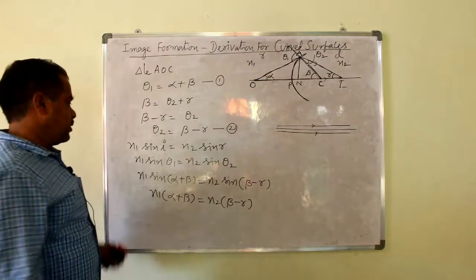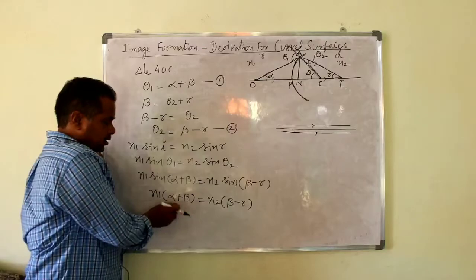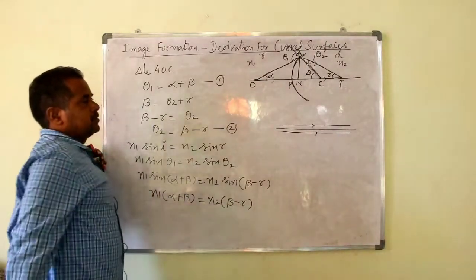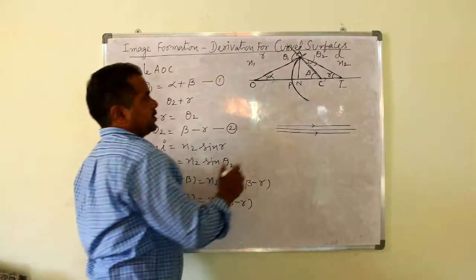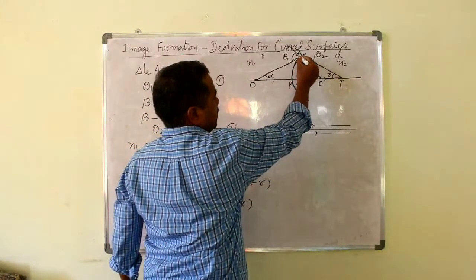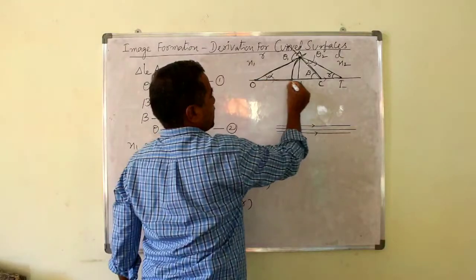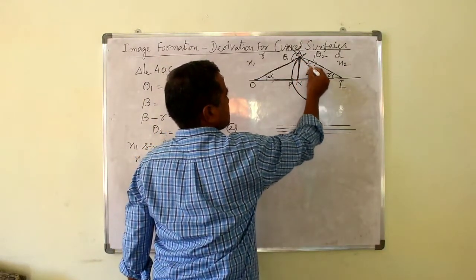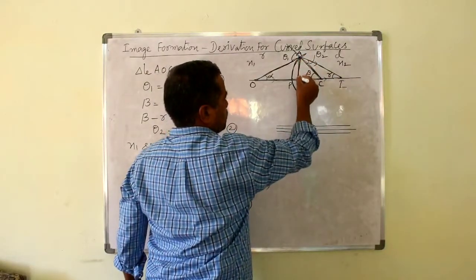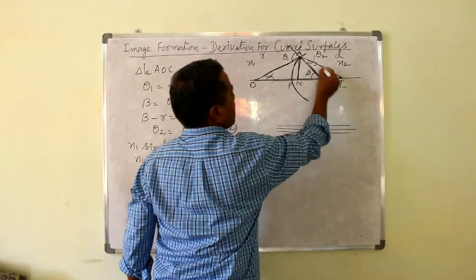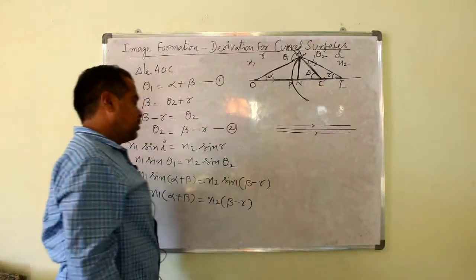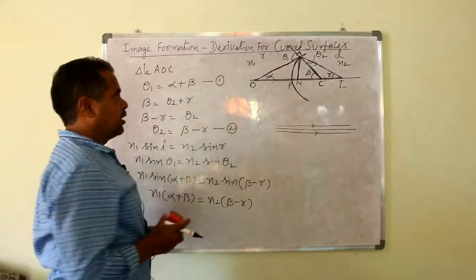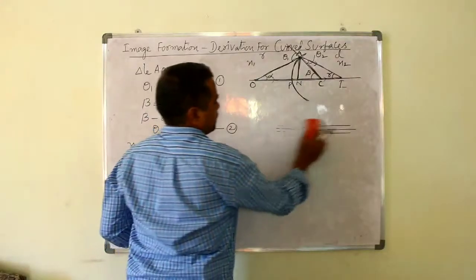To find the alpha, beta and gamma values, we use the right angle triangles AON, ANC and ANI.